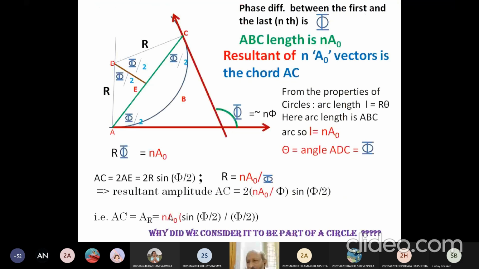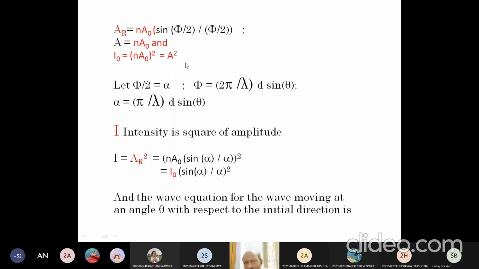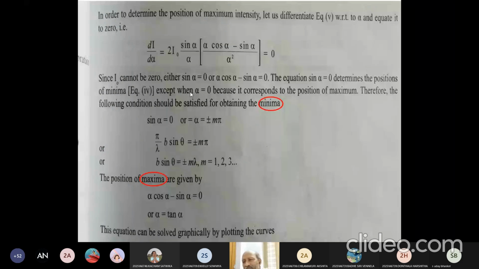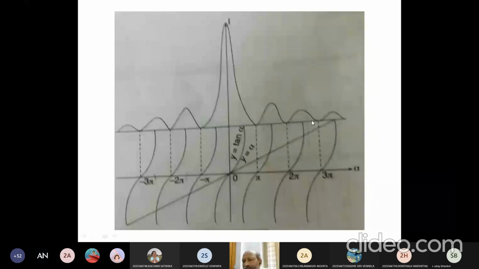These slides, including the colored one, these three slides and this one, use these 4 slides to complete your single slit diffraction derivation.